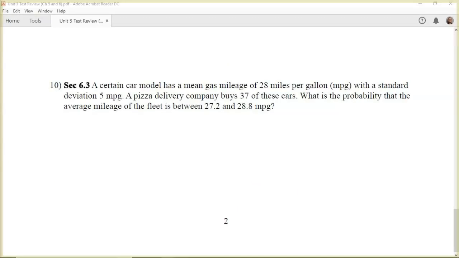And for the last problem in the exam review, it says a certain model car has a mean gas mileage of 28 miles per gallon, so our mu is 28, with a standard deviation of 5 miles per gallon, so sigma is 5. It says a pizza delivery company buys 37 of these cars. That's our sample size. What is the probability that the average mileage of the fleet is between 27.2 and 28.8 miles per gallon?